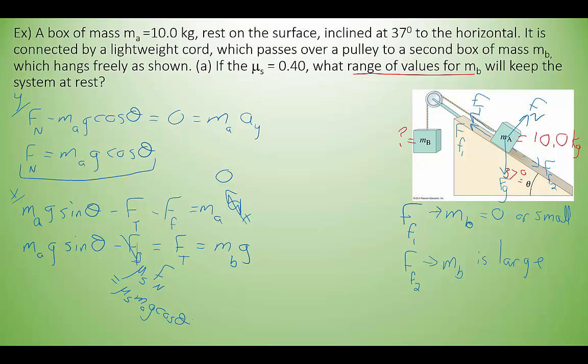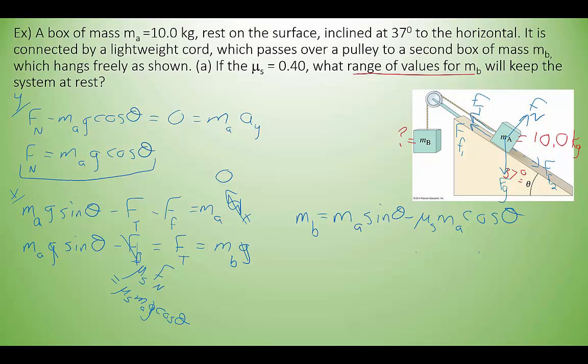We have MAG sine theta minus mu sub s MAG cosine theta is equal to MBG. They all have g's in it, so let's cancel out all of our g's here. And we end up with MB equaling MA sine theta minus mu sub s MA cosine theta.